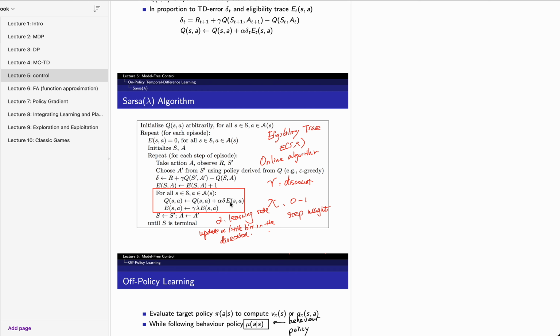Then you use the eligibility traces to update Q, and then you update the eligibility traces with alpha, with lambda, and with the discount factor. So that's the backward view of SARSA. It's an online algorithm to update the Q functions. Model free as well.